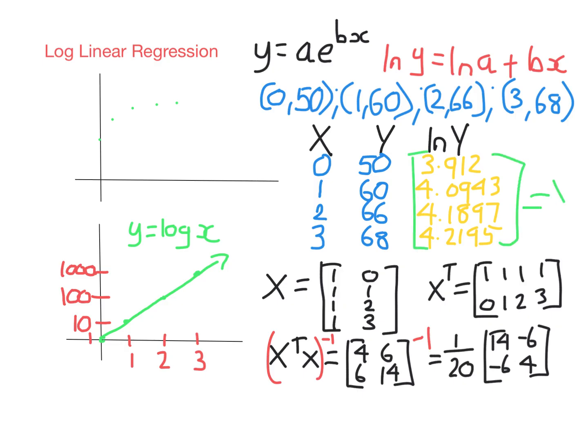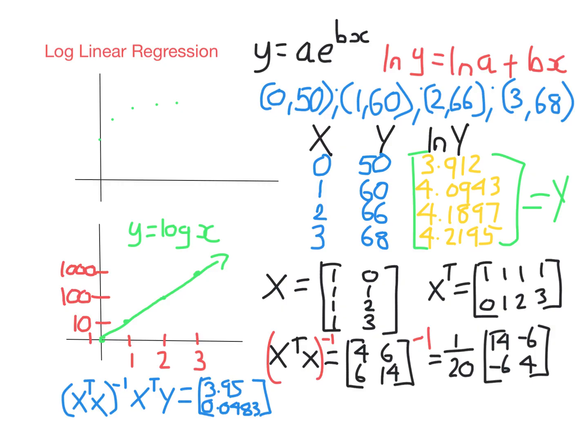So all we do now is we take this and multiply it by X transpose times y. Now when we get this, we get our 2 by 1 vector. This number here isn't a, this is ln of a. If we want to find a, we raise e to the power of this number.